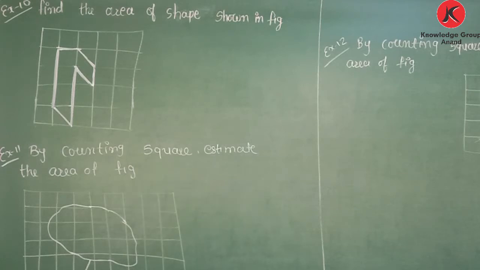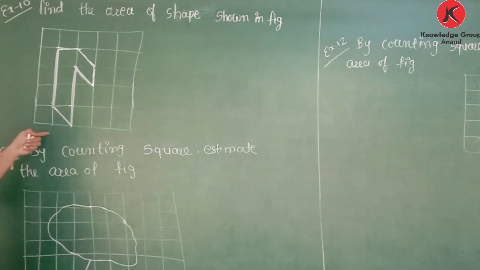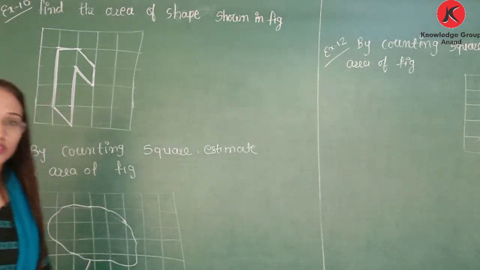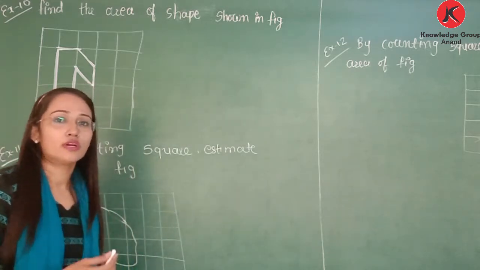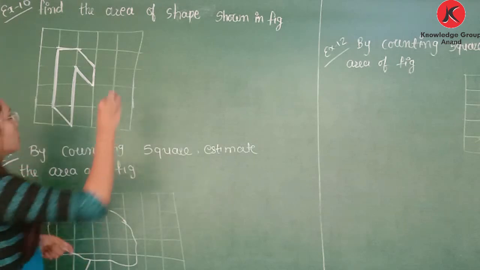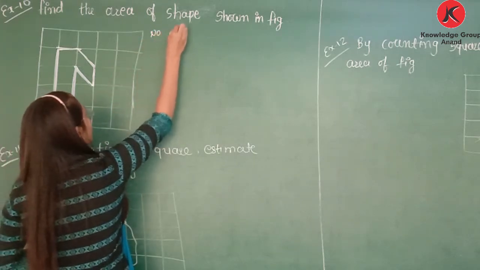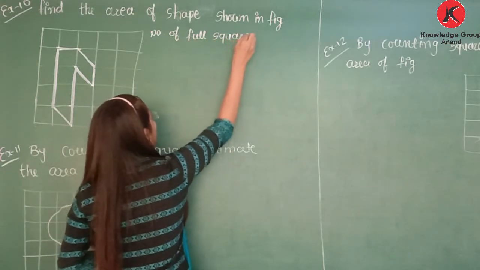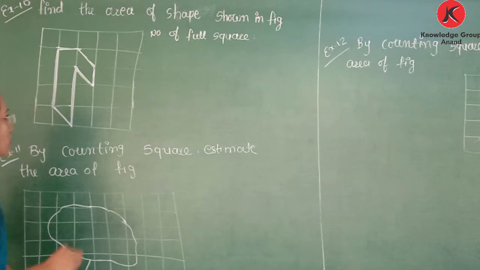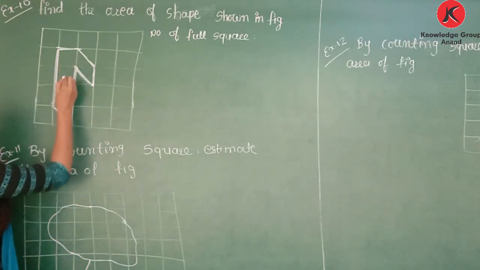So let's take some example to find the area of figure using square sheet paper. So these are the example that is given in your textbook. So here first example. So for that what we learn, that we need to find the number of full square, number of half square, number of more than half square and number of less than half square. So first, number of full square. Now in the figure, that occupied number of full square, that is 1, 2 and 3.